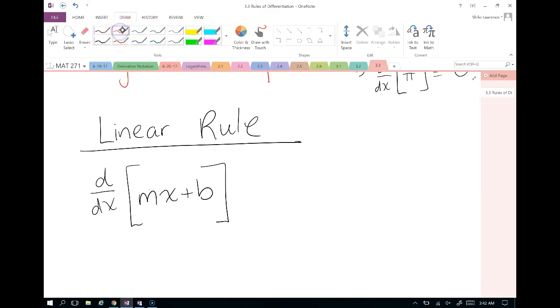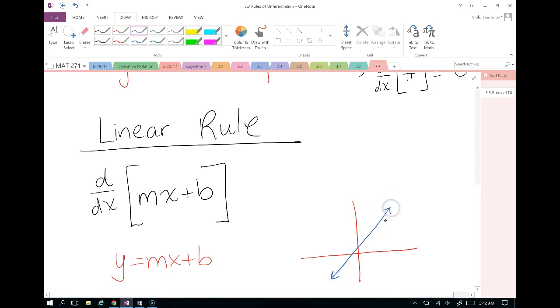So what we're really saying here, if you think back to what we know so far about derivatives, derivative equals tangent slope. What we're saying is we have the graph y equals mx plus b, and we want to know what the tangent slope is. So this graph is a straight line. I don't know what the slope is. It's in the equation. I'm just making up what this thing looks like.